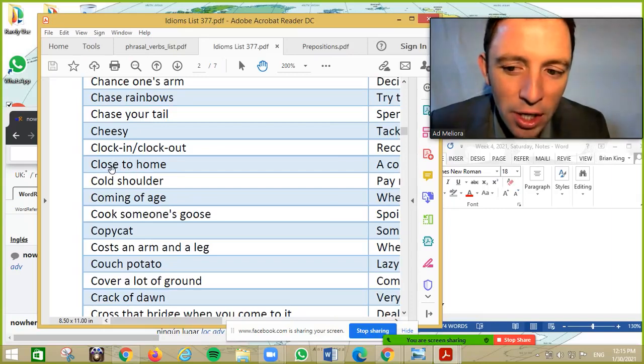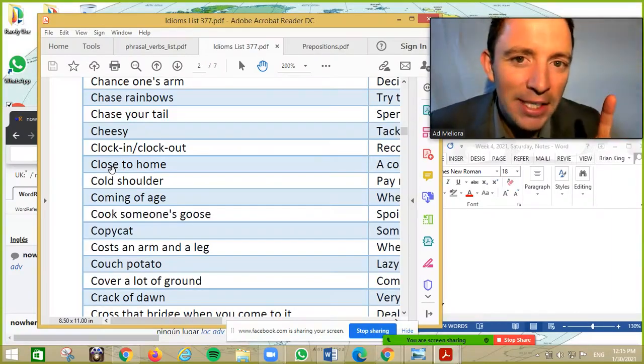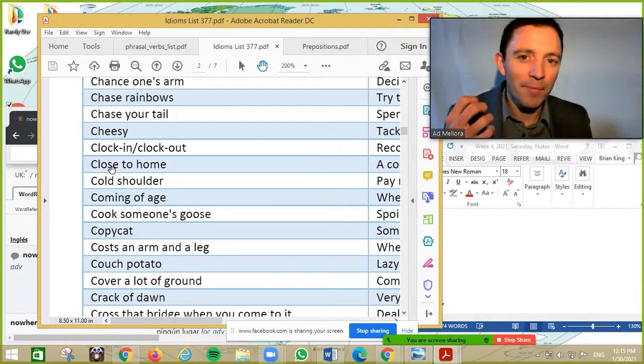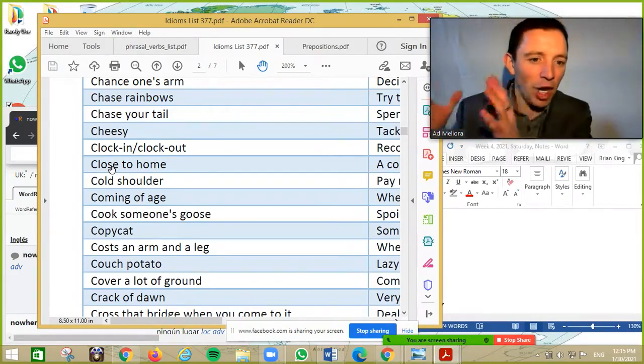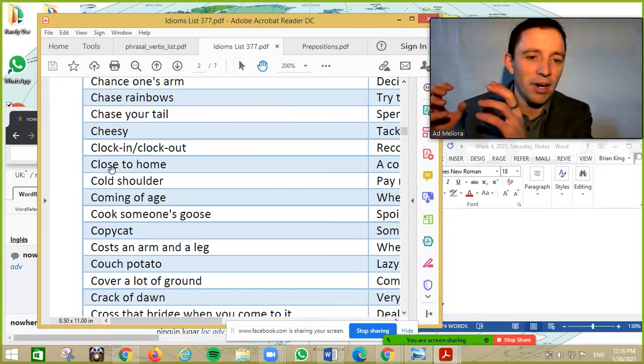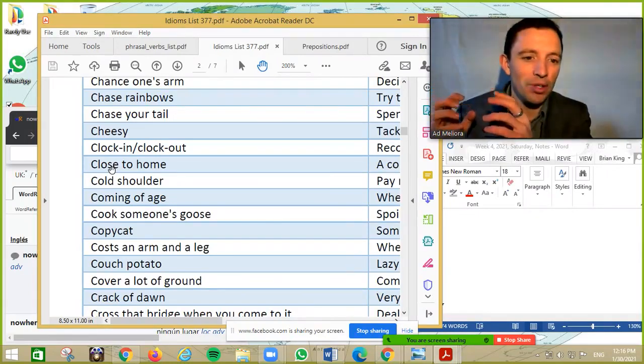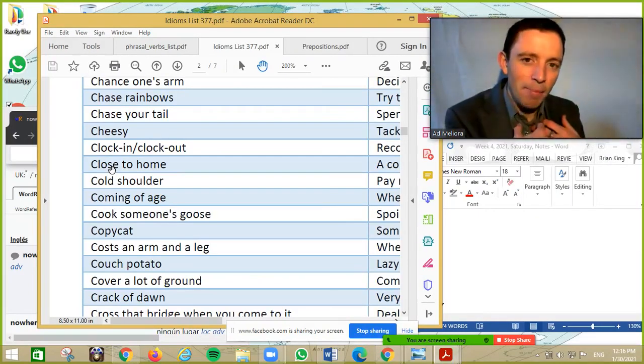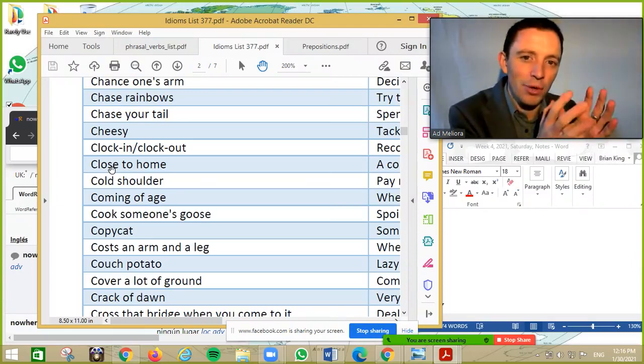Close to home. So close has two possibilities. One possibility is cerca. Estoy cerca de mi perro. I am close in distance to my dog. The second significance is emotional. Estoy cerca a mi perro. I'm very emotionally close with my dog.